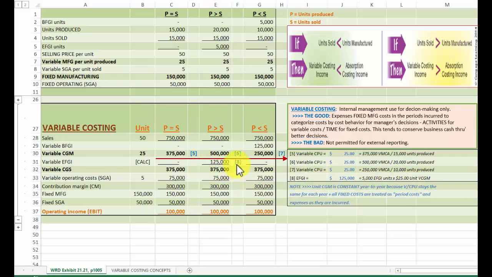Ending inventory of $125,000 deducted from the cost of goods manufactured produces the variable cost of goods sold. Deduct the variable operating expenses, $75,000, and then deduct the variable cost of goods sold and the variable operating costs from sales of $750,000, which produces the same contribution margin of $300,000.